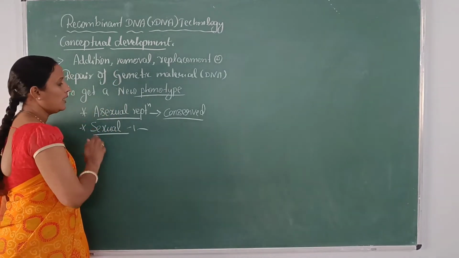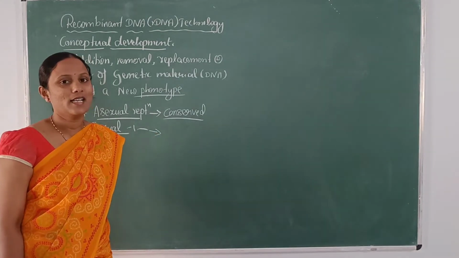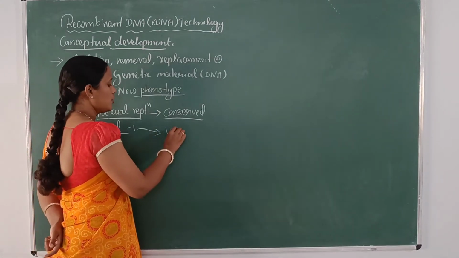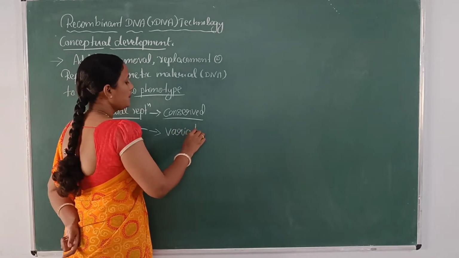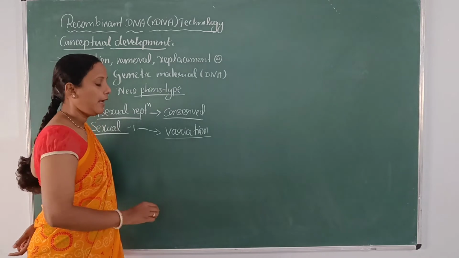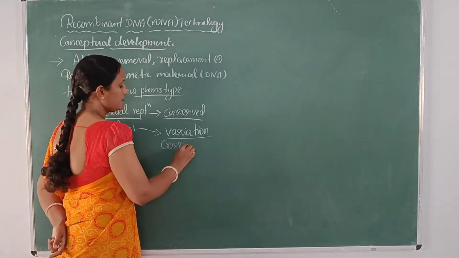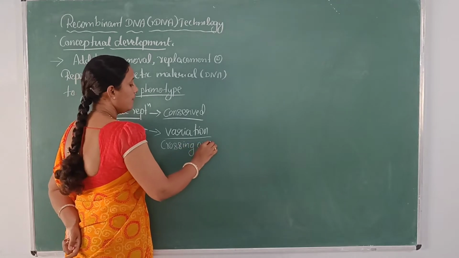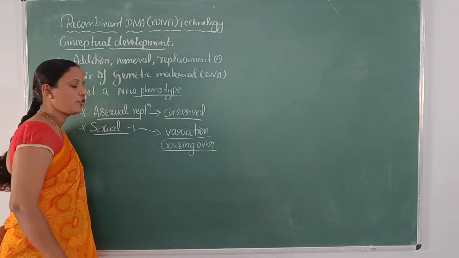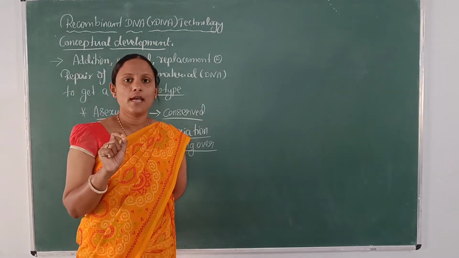Whereas, sexual reproduction will give a chance for variations, because in sexual reproduction there is a process called crossing over, where there will be a formation of new characters. In crossing over, what happens?